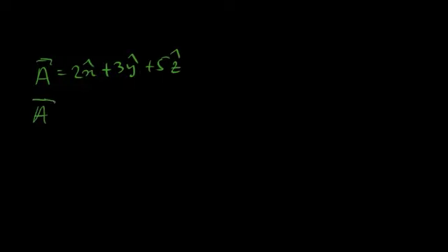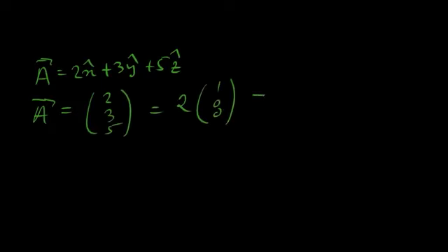The reason that I can write 2x hat, 3y hat, 5z hat like this column follows from this. Let's say I have A as 2x hat plus 3y hat plus 5z hat, and I want to write this as 2 3 5. I can easily decompose it in the following manner: 2 times the column 1 0 0, then 3 times the column 0 1 0, and then 5 times the column 0 0 1.